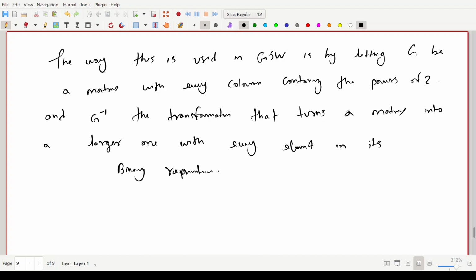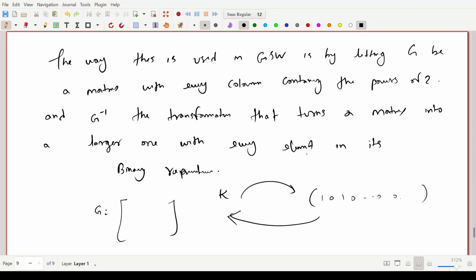Okay, so in short, suppose I am having an element k, which is an integer. I can convert it into the bit form, correct? It will have a form like 1010. Now if I want to get back to the message k, I have to take the inverse of this. This is what your gadget matrix is actually doing for every element. What is your gadget matrix? It is a matrix having powers of 2: 1, 2, 2 square and so on.